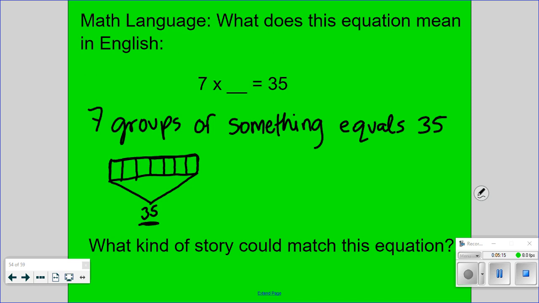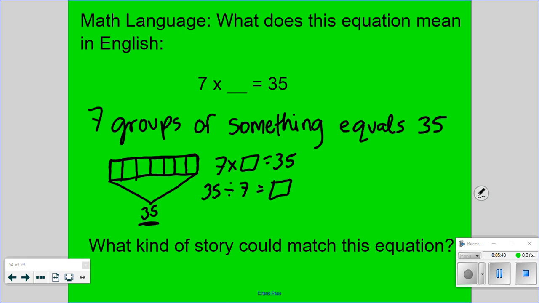So I have 7 groups of something equals 35. But it's hard for me to multiply box. So how could I write it as a division equation, Bella? Beautiful.